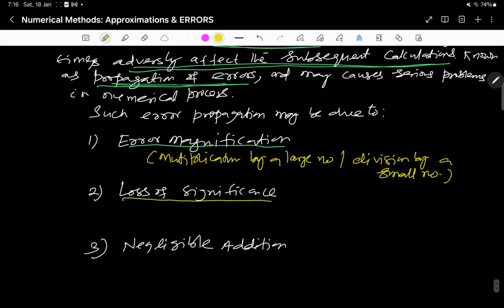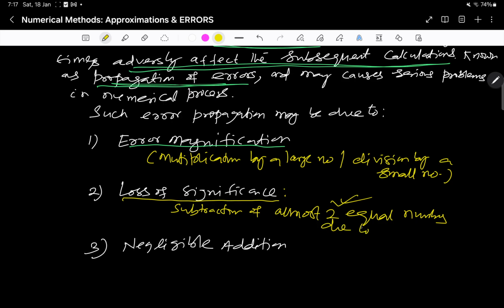Loss of significance: as I have told you, to bring the number to normalized form, we write the significant digits. Now how does this occur? Subtraction of two nearly equal numbers due to rounding, since we are rounding up to certain decimal places.